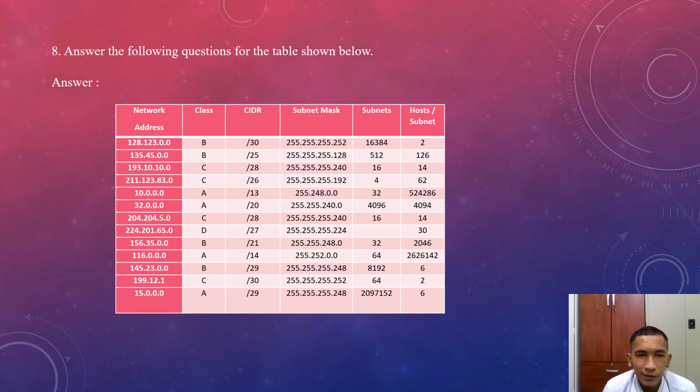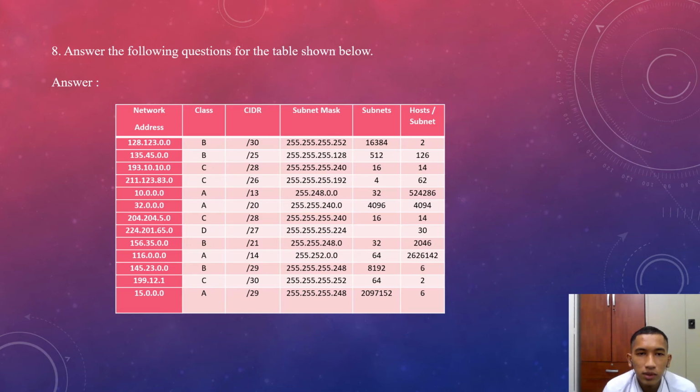Number 5 is class A, CIDR /13, subnet mask is 255.248.0.0, subnet is 32, host per subnet is 524286.